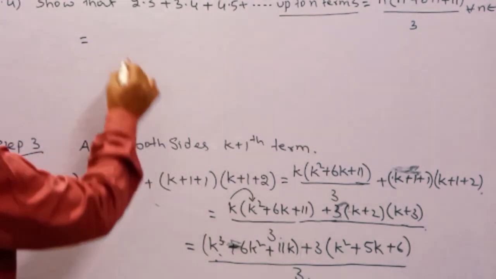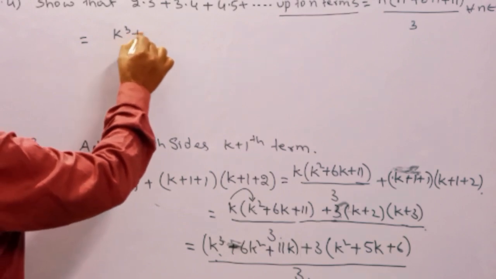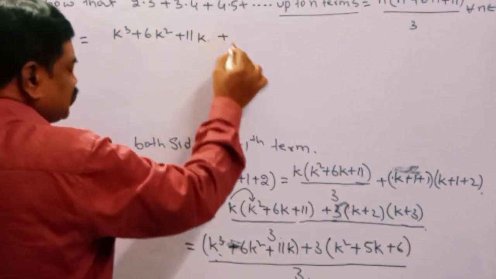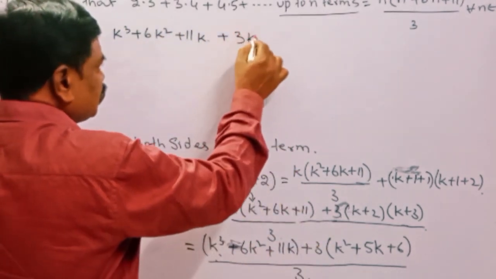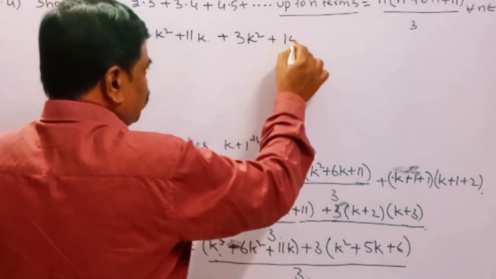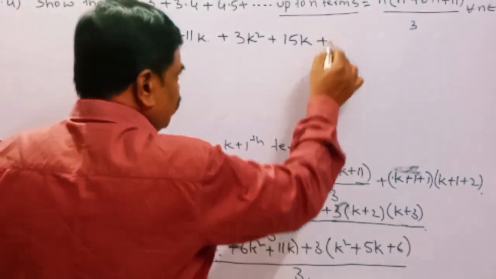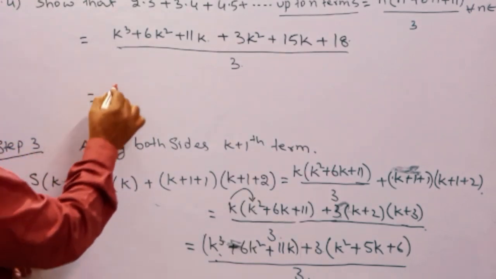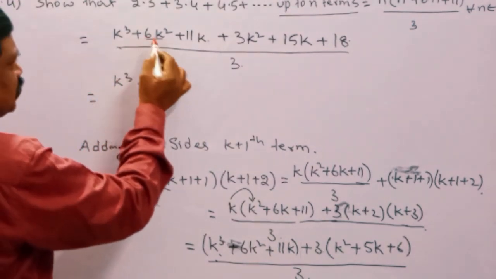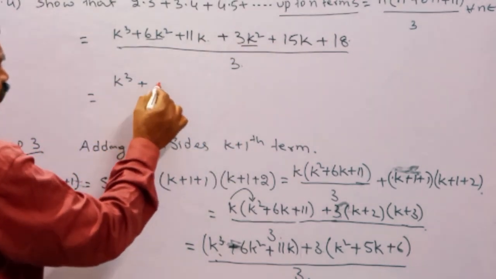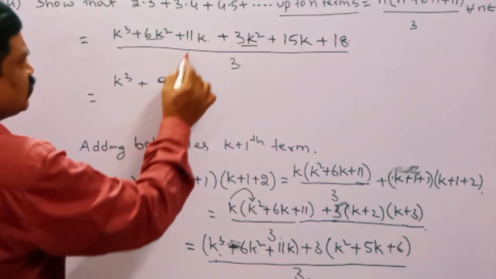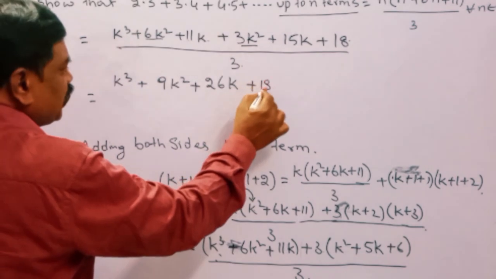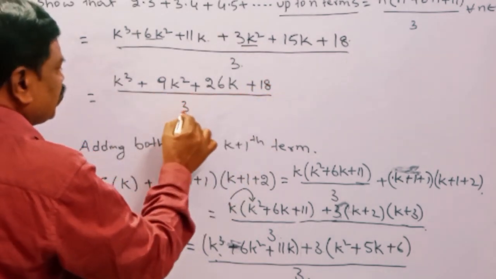This is equal to k cube plus 6k square plus 11k plus 3k square plus 15k plus 18 by 3, which is k cube plus 6k square plus 3k square, 9k square, plus 11k plus 15k, 26k, plus 18 by 3.